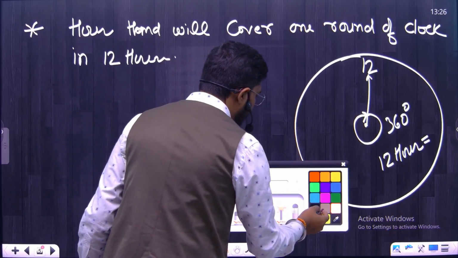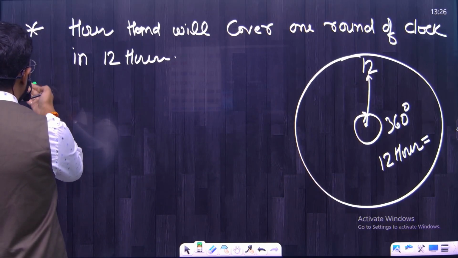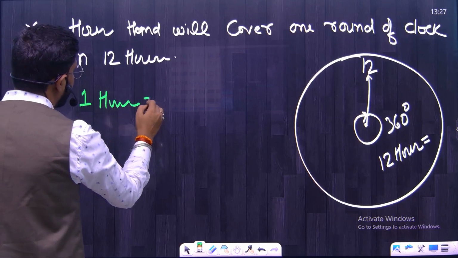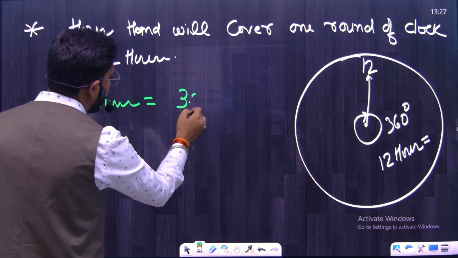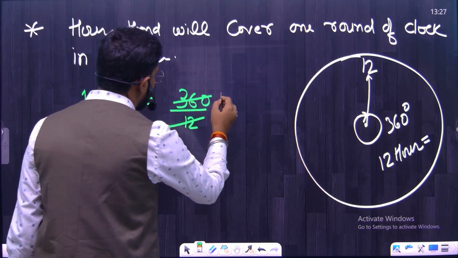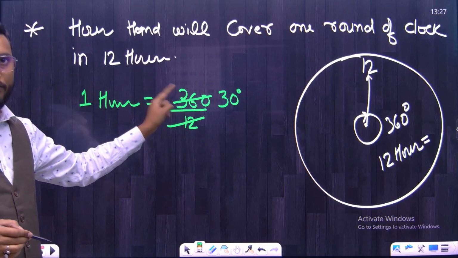So in the duration of 1 hour, it will cover 360 divided by 12, which is 30 degrees, in 1 hour.